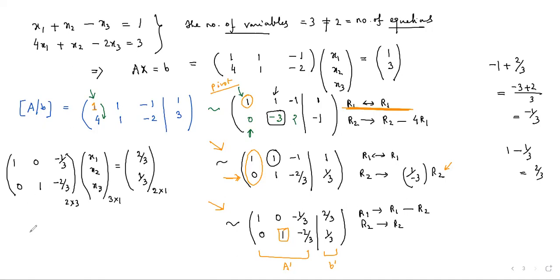So the resultant matrix on the left hand side will be of order 2 by 1. So we are getting the matrix as x1 minus x3 by 3, and the second one is x2 minus 2/3 x3. The first should be equated to 2/3, and the second should be equated to 1/3. So we have got two equations.